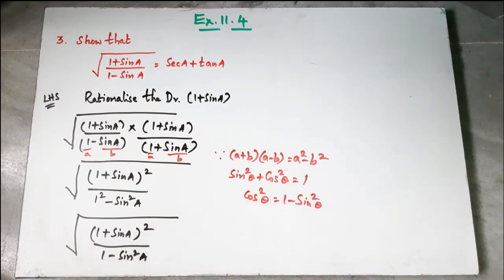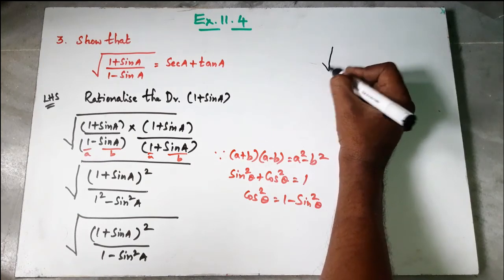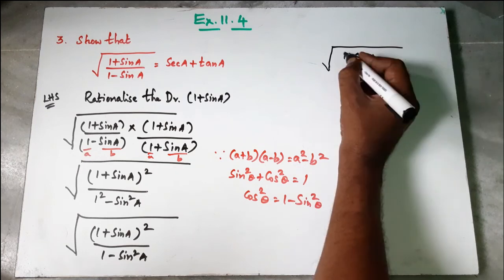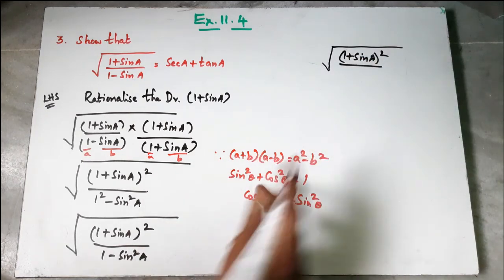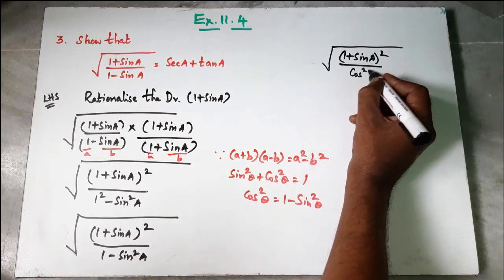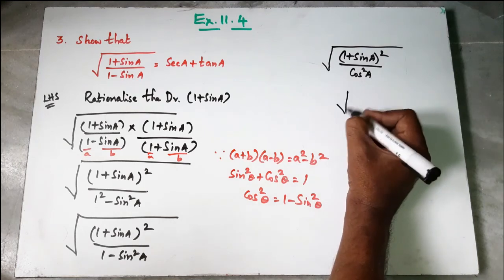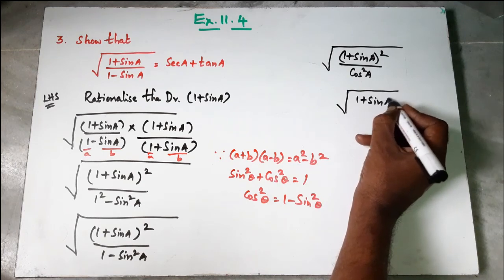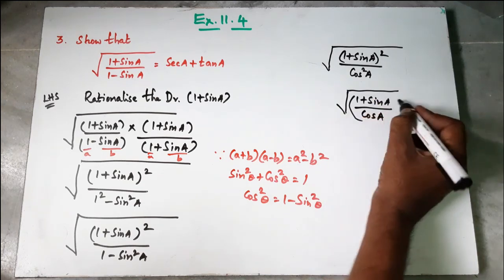Now here we can write the denominator 1 minus sin square theta as cos square theta. So here under root (1 plus sin a) whole square by, so 1 minus sin square a can be written as cos square a. For numerator and denominator you are having common squares. So we can write as (1 plus sin a by cos a) whole square.